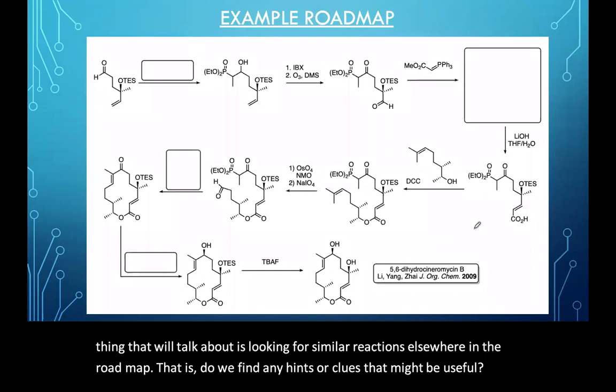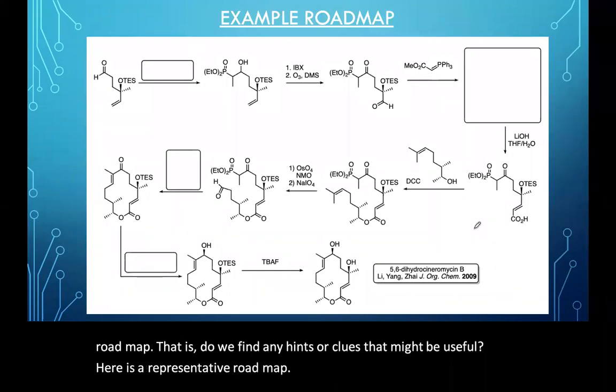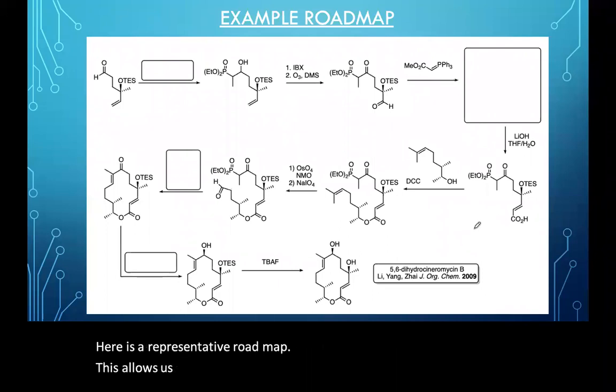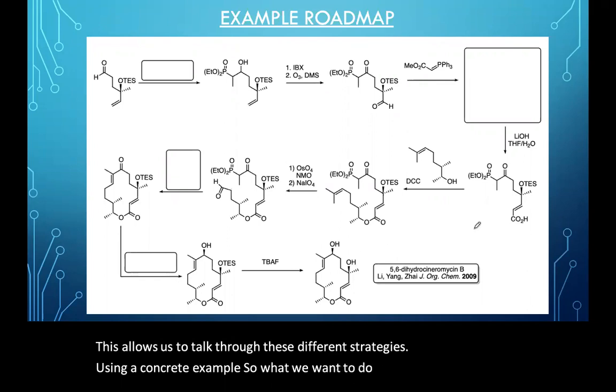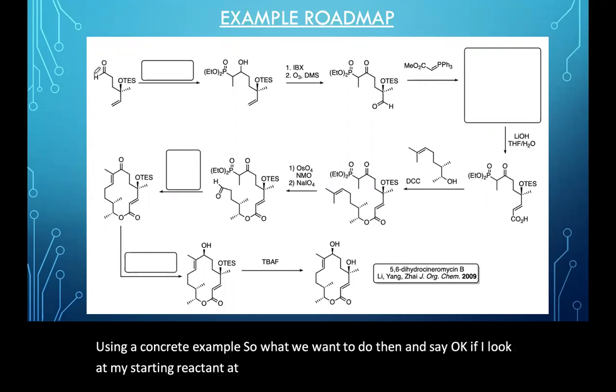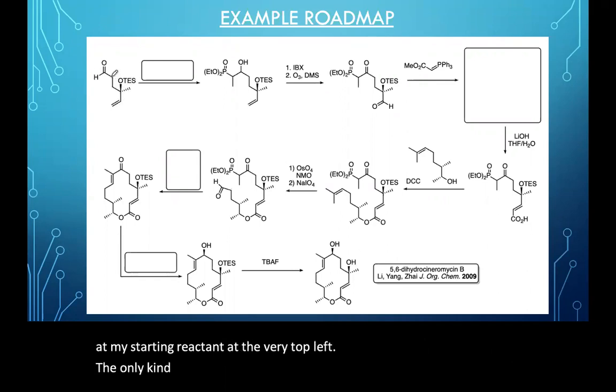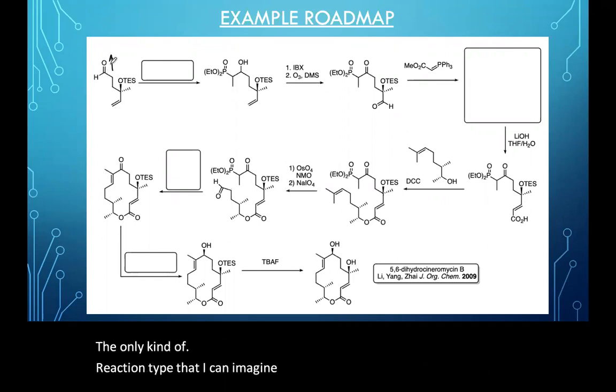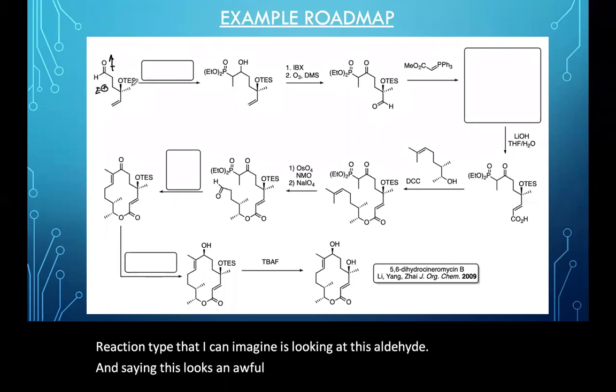Here is a representative roadmap. This allows us to talk through these different strategies using a concrete example. So what we want to do is say, okay, if I look at my starting reactant at the very top left, the only kind of reaction type that I can imagine is looking at this aldehyde and saying this looks an awful lot like an electrophile that we've been talking about.